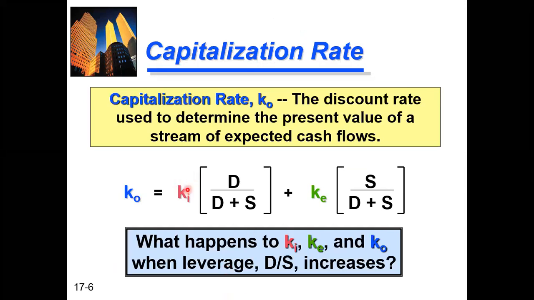So first we have to identify the cost of debt, Ki. Then we multiply by the proportion of debt over total capital. So D means total value of debt divided by the value of the firm. The value of the firm equals debt plus share capital. Then the cost of equity, Ke, multiplied by share capital over the value of the firm.